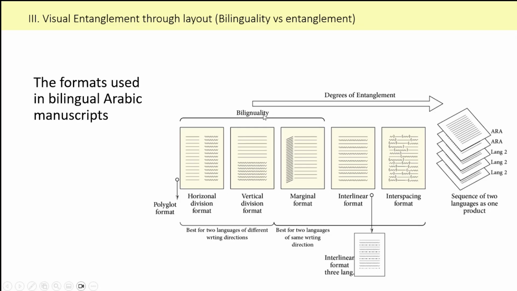So at this degree, we see a degree of entanglement. Starting from bilinguality to that sequential system is more, or greater, entanglement. So we can see that there are levels of entanglement.